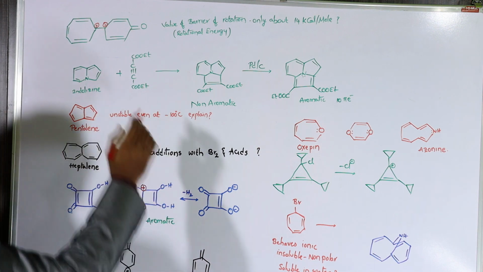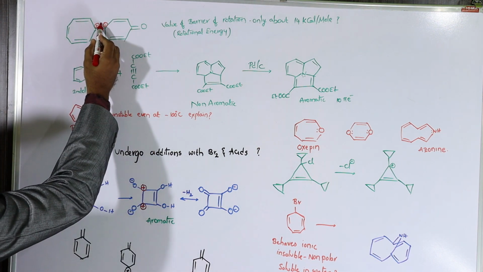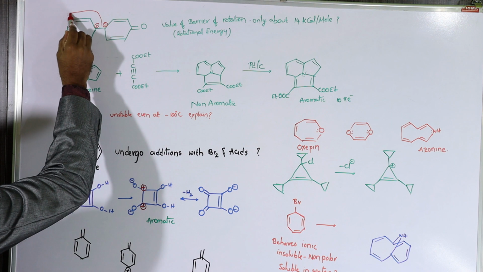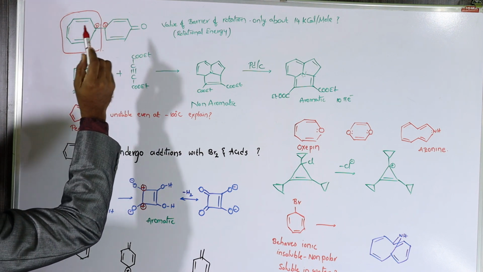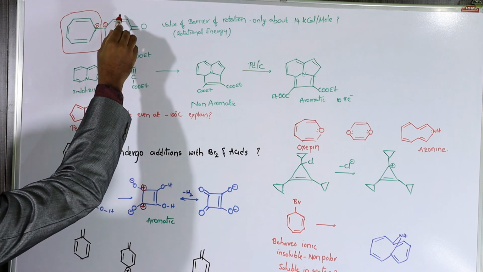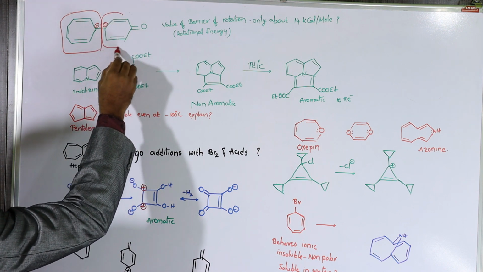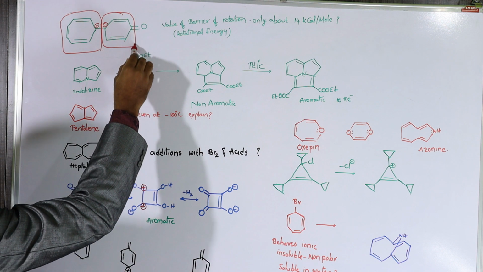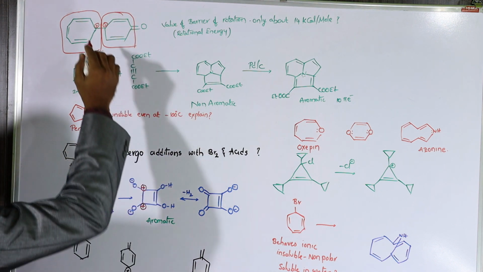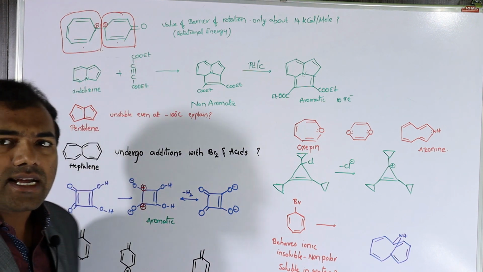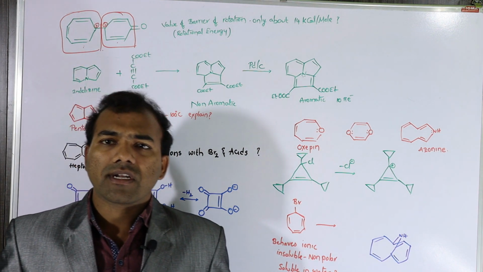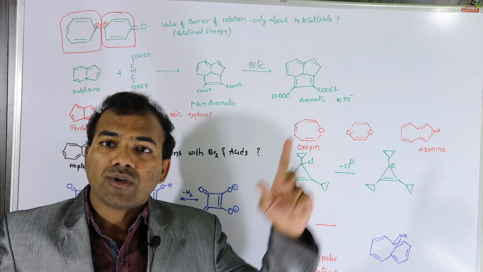So what is this compound? This is a cycloheptatrienyl cation. Here also you can see that this compound is getting aromatic property. That is the reason both rings are getting an advantage over the transfer of the electron pair towards the oxygen.